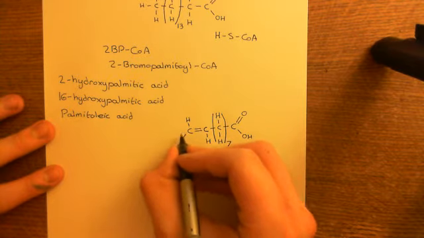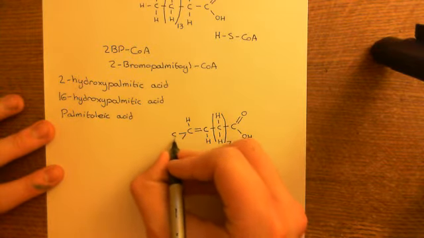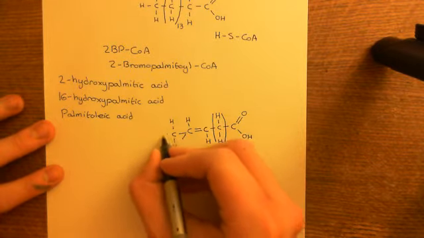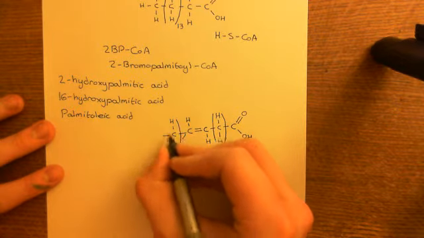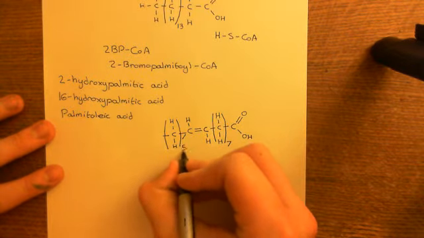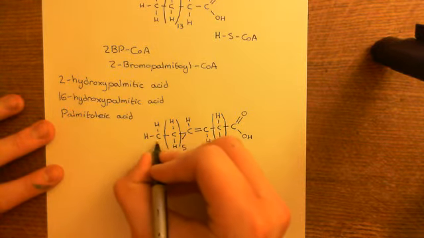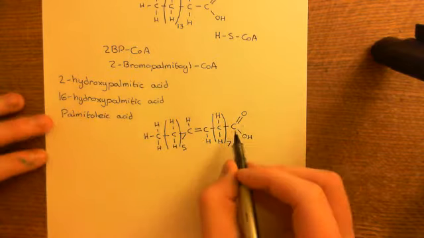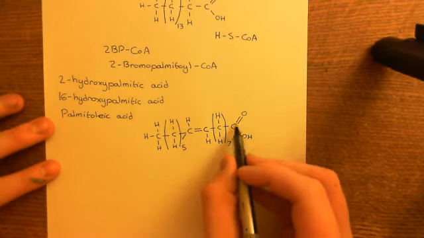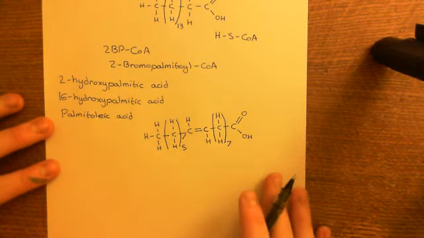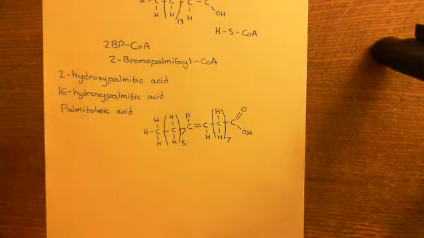We want the methylene groups coming off here now, so that's the 10th carbon there. So how many methylene groups are still to go? Well, 5 are still to go, and then the final carbon will be a methyl group. So here's the 5, and then here's the 6th one on the methyl group right on the end. Okay, so that takes us up to 16 carbons. We've got 9 over here, then we've got 10, and then another 6 here. So that's palmitoleic acid. Okay, so this isn't an effective inhibitor of palmitoylation either.